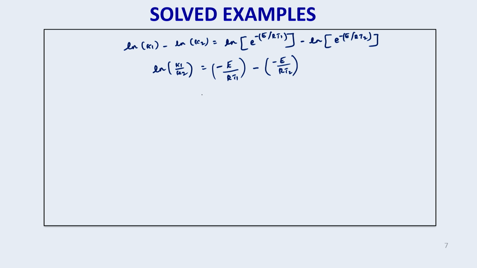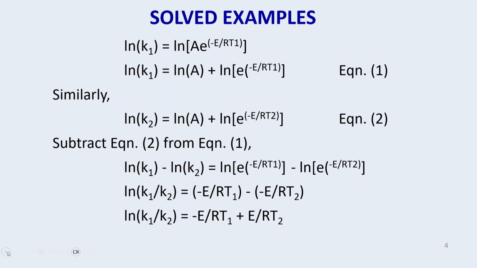The right hand side will become, the first term negative, minus E by R into T1, and minus of minus will become plus, plus E by R into T2, equal to ln of K1 by K2. After deriving the equation, I will be substituting the values to complete this numerical question. So ln of K1 by K2 equals minus E by R into T1 plus E by R into T2.